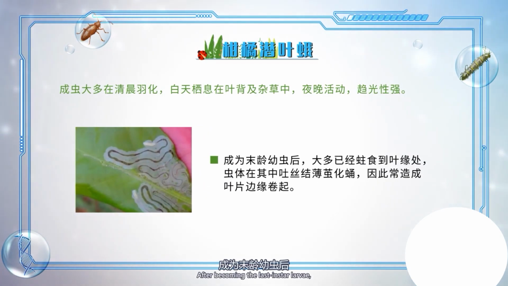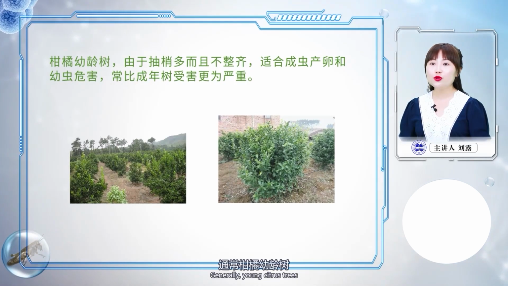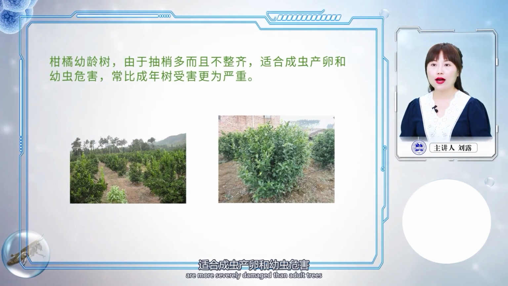After becoming the last instar larvae, most of them have bored to the leaf margin, in which the insects spin and knot thin cocoons to pupate. So they often cause the leaf margin to roll up. Generally, young citrus trees, due to their excessive and irregular shoots, are more severely damaged than adult trees, which are suitable for imago oviposition and larval damage.